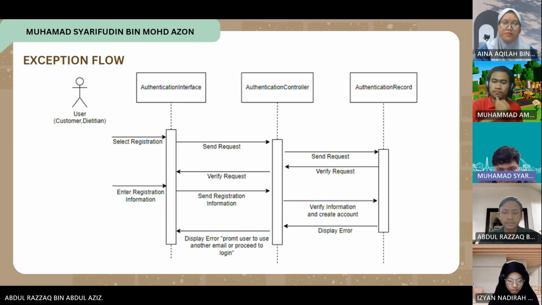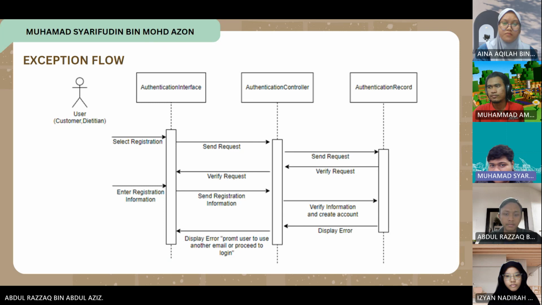For the exception flow, this happens when the user enters a duplicate email during registration. If the user selects registration, it will send the request to the authentication controller and authentication record. It will verify the request, then prompt the user to enter the registration information.